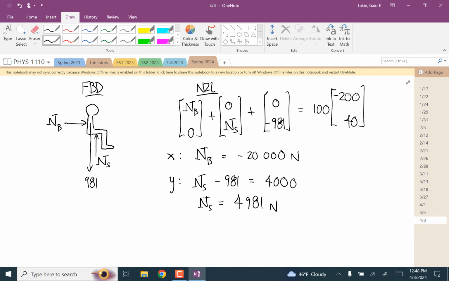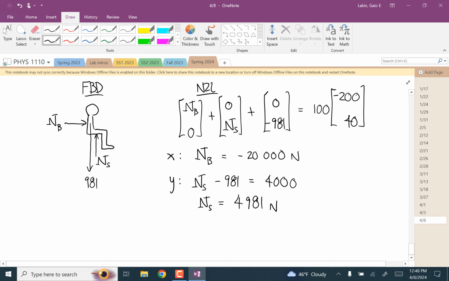Okay, well, we got that the normal force from the back of the chair is a negative value. What does that mean? It means that the direction is the opposite of what I have drawn here.